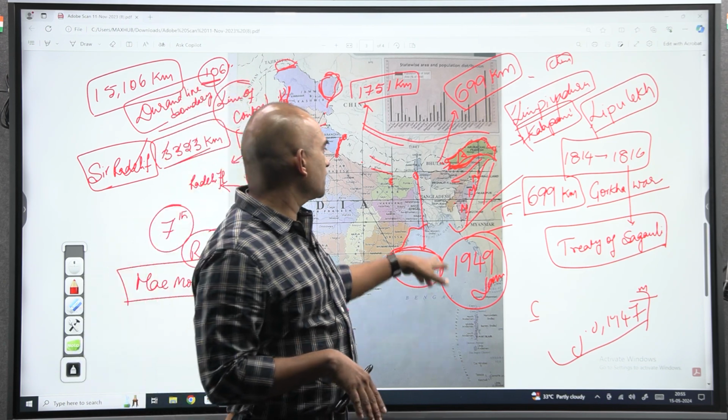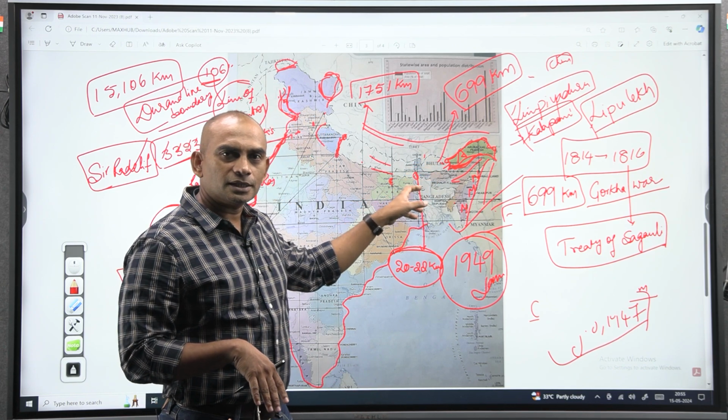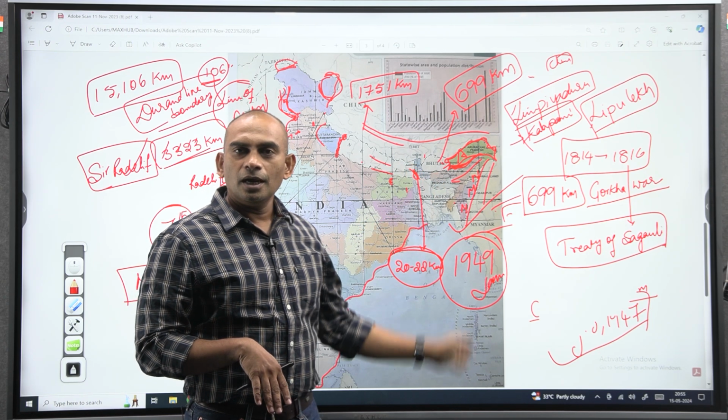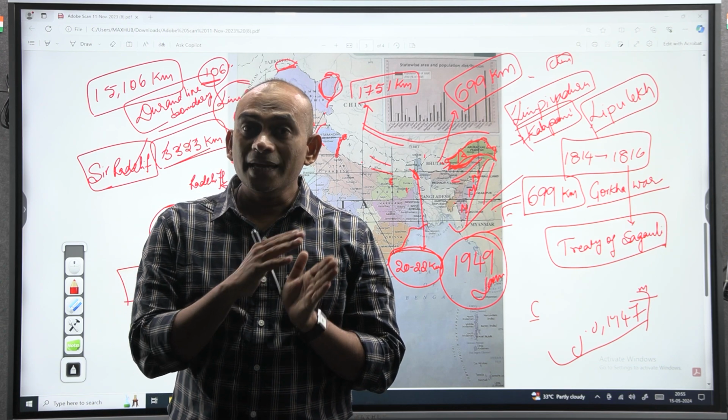And why do we call it a chicken's neck? Because if China or any other country comes and occupies this particular region, automatically the northeast would be cut off from mainland India.